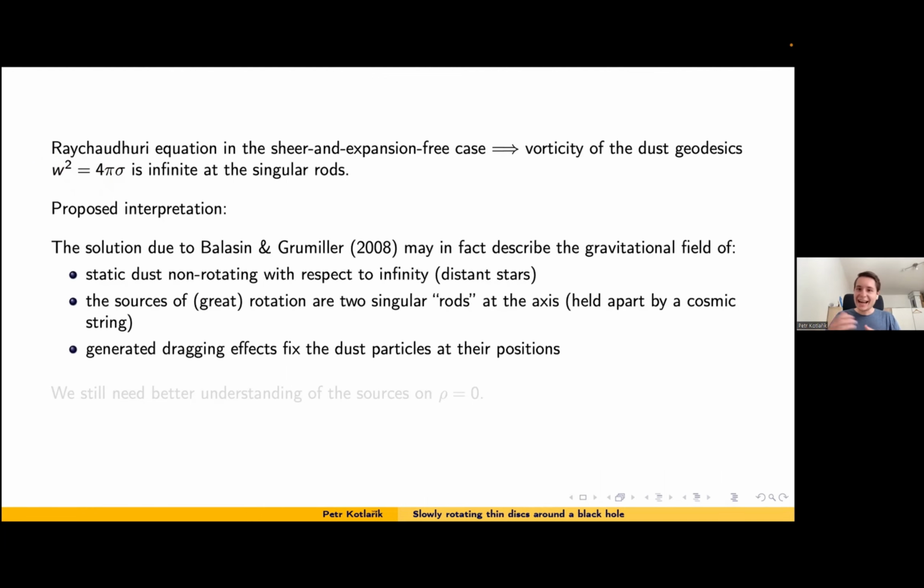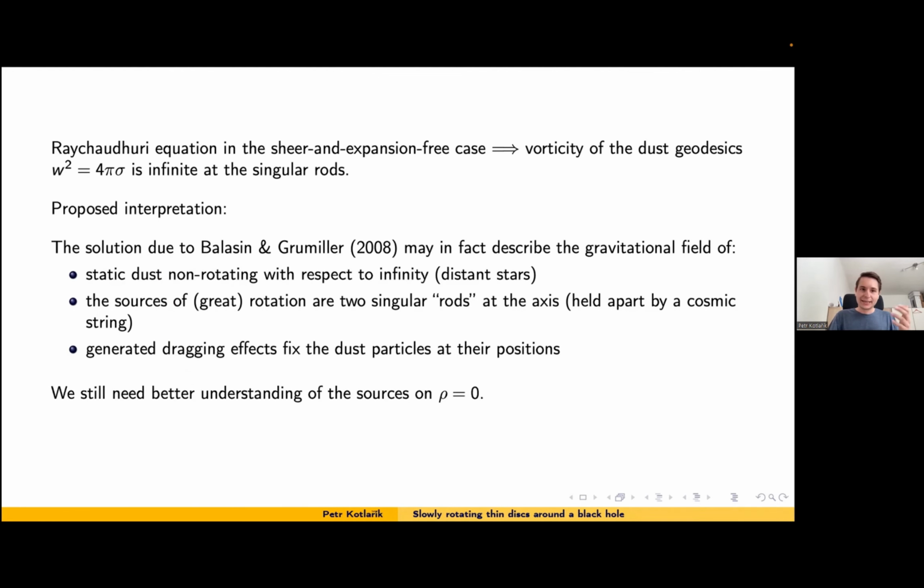Therefore, to stir up the discussion, I can propose another interpretation of the Balazs and Grumiller solution: that it describes dust non-rotating with respect to the distant stars. And there are two additional sources on the axis, which are rotating extremely fast, bringing some dragging effects into the spacetime. And these dragging effects fix the dust particles at their positions.